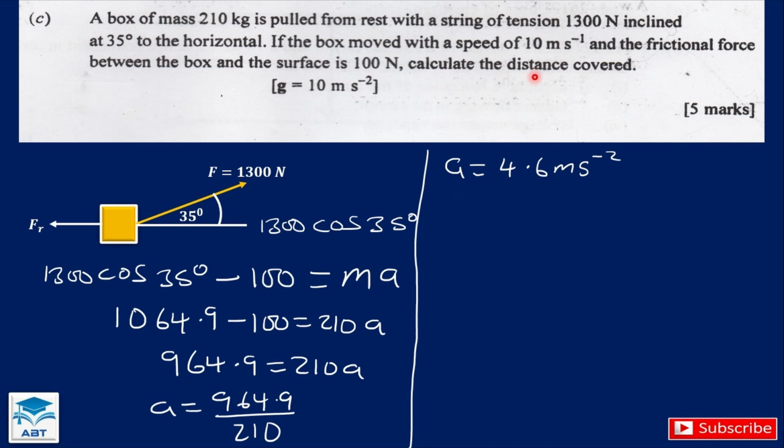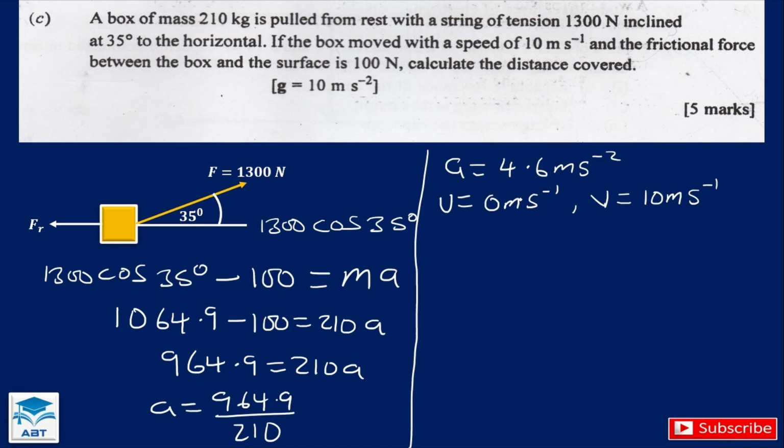We have to calculate the distance covered. And the body is pulled from rest. So the initial velocity is 0 and it moved with a speed of 10 meters per second. So the final velocity is 10 meters per second. We have u to be 0 meters per second, v to be 10 meters per second, and we are looking for the distance.